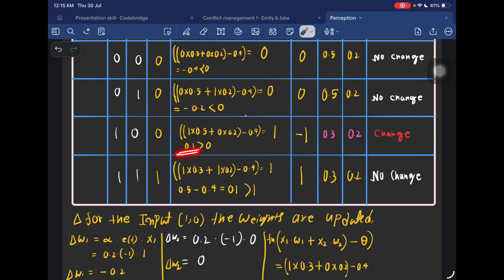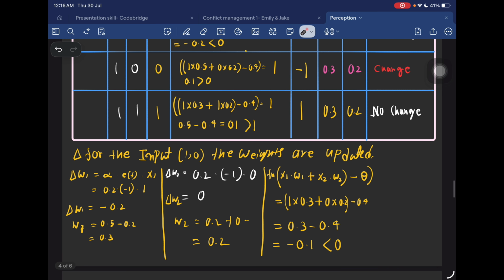The activation result is 0.1, which is obviously greater than or equal to 0, so we write 1. The desired output is y equals 0 minus the estimate 1, so our error is 0 minus 1. Here we need to update our weights. Okay, change the weights for input 1, 0. Our updated weights come to 0.3 for the first weight and 0.2 for the second weight.